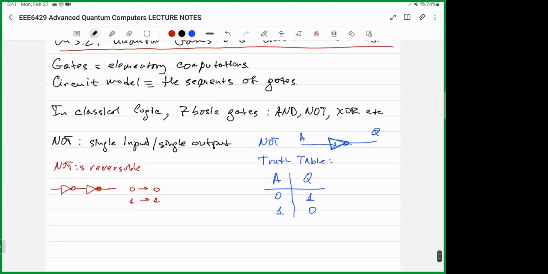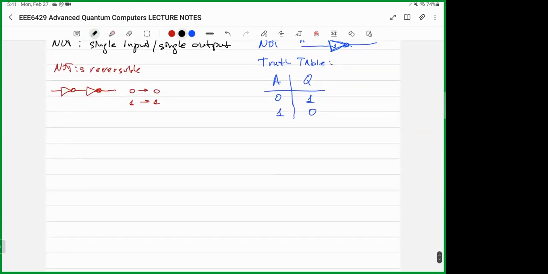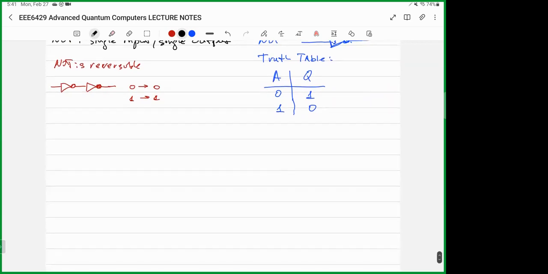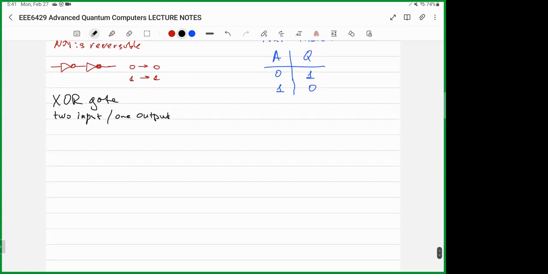And of course we have other types of classical gates, and the more complicated gate is two inputs, one output. For example, this XOR gate, a two-input, one-output gate, denoted by an element like this.